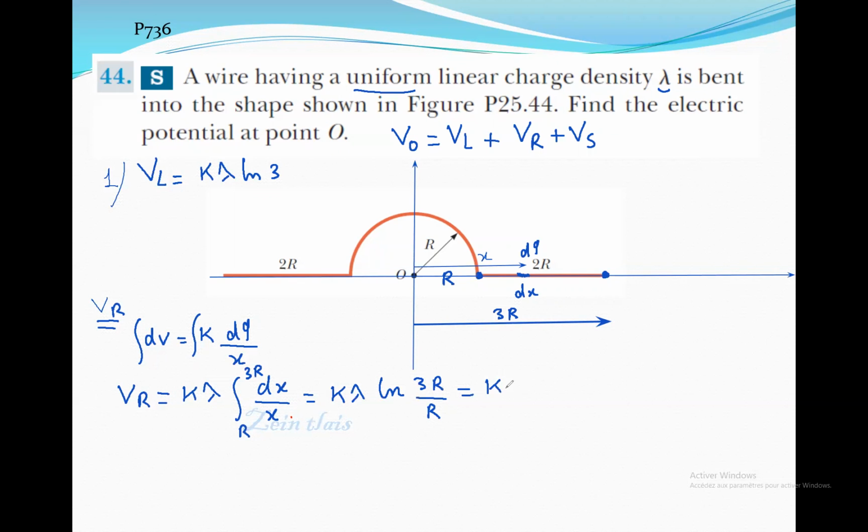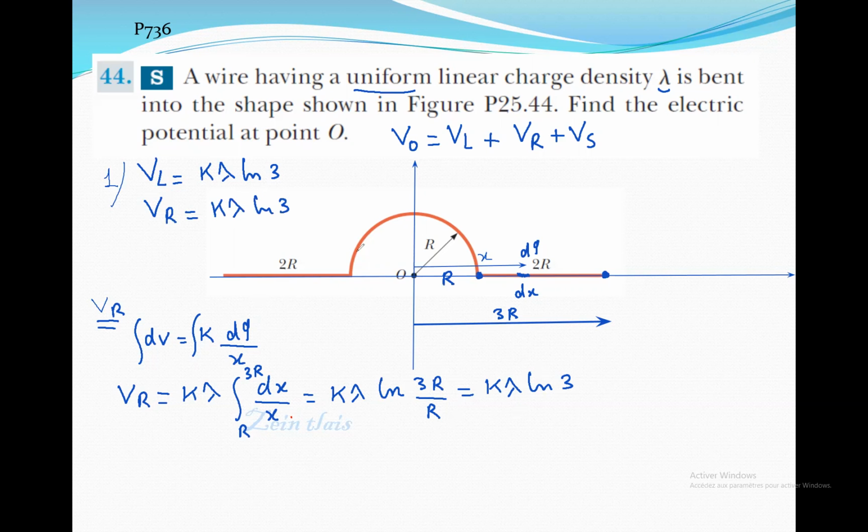Equals K lambda times K lambda times ln 3. So V right equals the same value as V left.